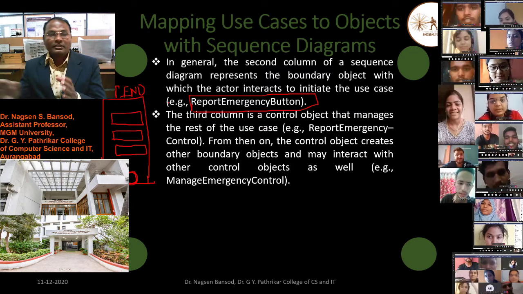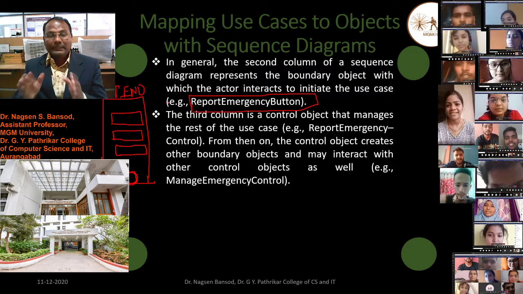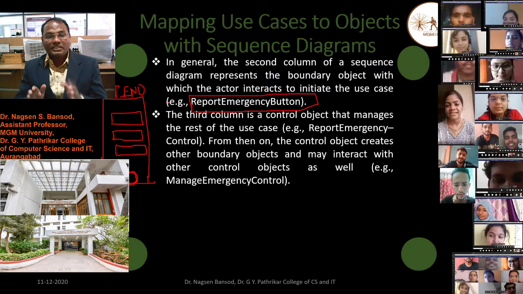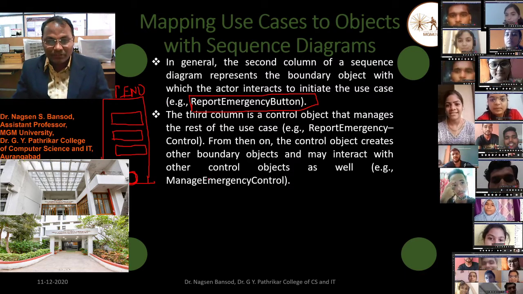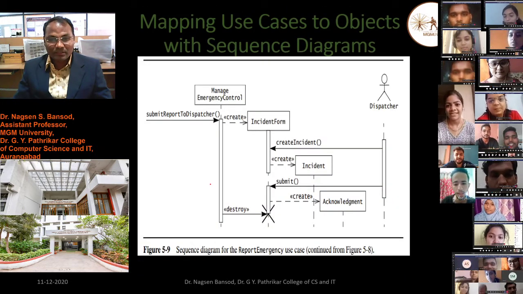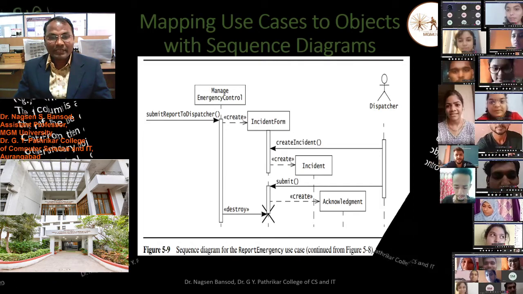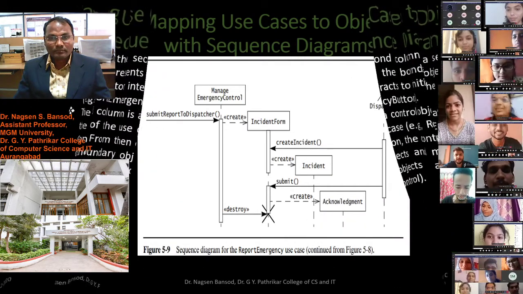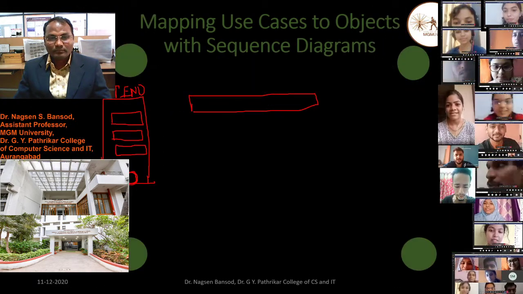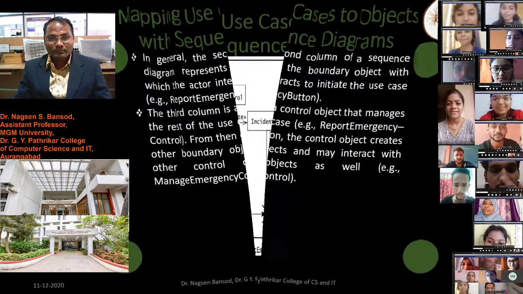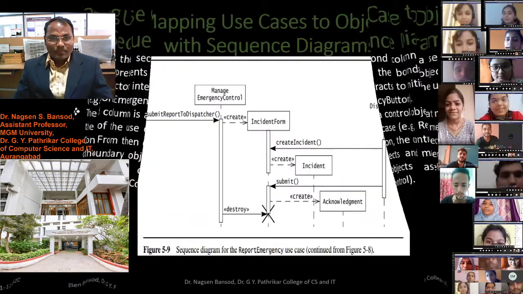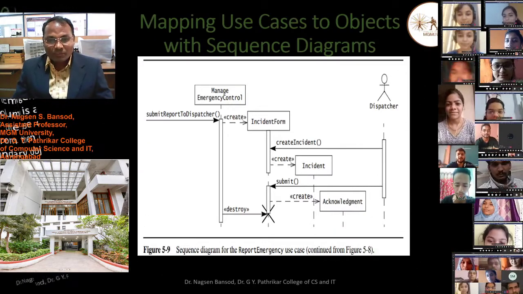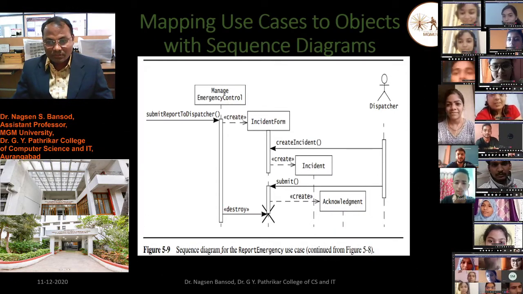Manage emergency control is another control which is managed by the dispatcher. This control is managed by the dispatcher, as you see in this diagram. Sequence diagram for the report emergency use case.